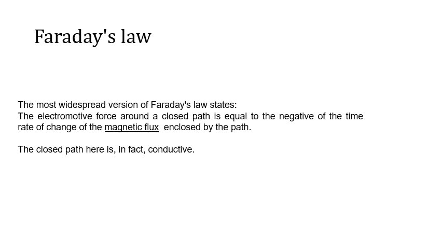Suppose phi is the flux, then the change in flux is d phi over a time interval dt, and the electromotive force is proportional to d phi over dt, and not only proportional but also negative. There is a minus sign. The minus sign means it opposes the cause from which it is generated. The closed path here is in fact a conductive path.